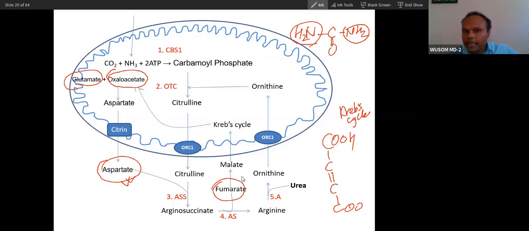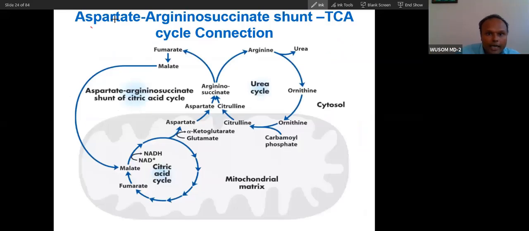So a defect in the Krebs cycle can cause hyperammonemia, because the Krebs cycle and urea cycle are associated. And this particular cycle is called the aspartate arginosuccinate shunt.